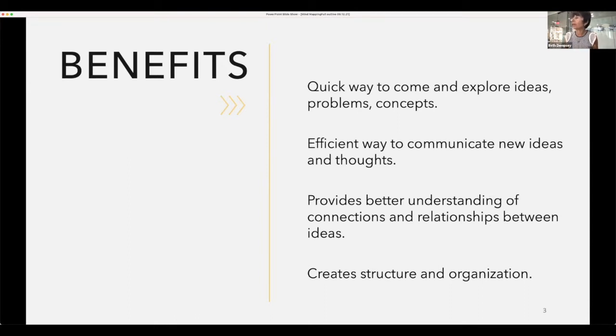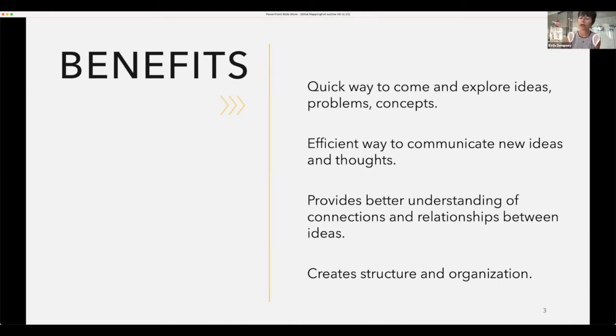The whole idea is that a lot of times your first idea is not necessarily your best idea. By visually presenting the ideas in a different way and shape, you can explore many different things, so that you're not limited. A lot of times you'll go down a path and then a month later you wonder, wasn't there something else that we had talked about, but you don't explore it because you've gone so far down that path the first time.